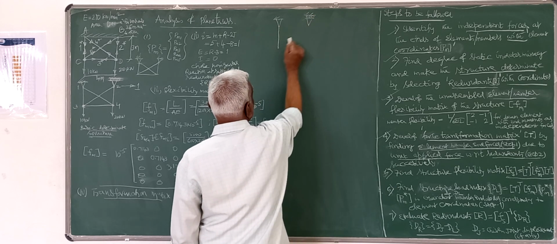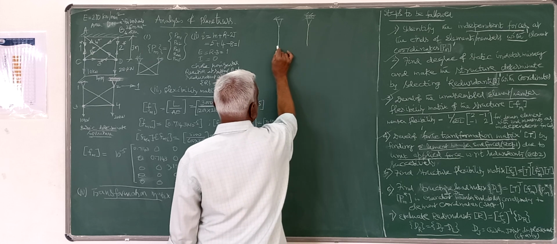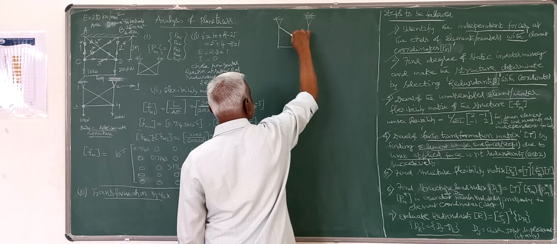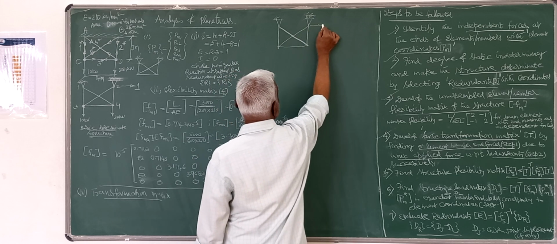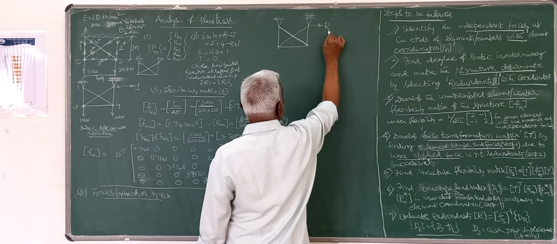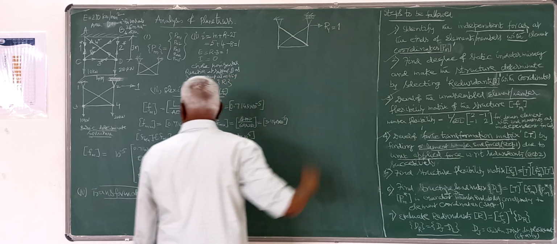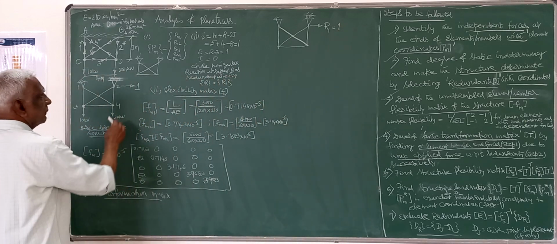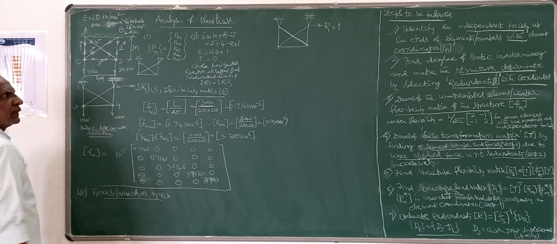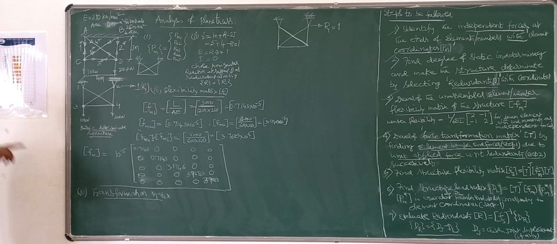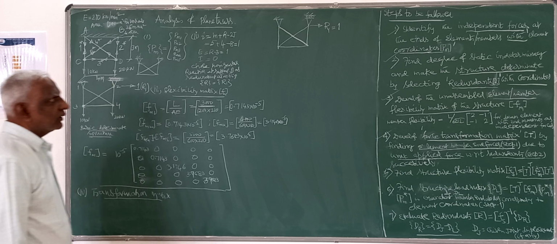So this is the basic determinate structure. Now I have to apply the unit load along the direction R1, direction 1. Only one terminal, there I have to apply the unit load.